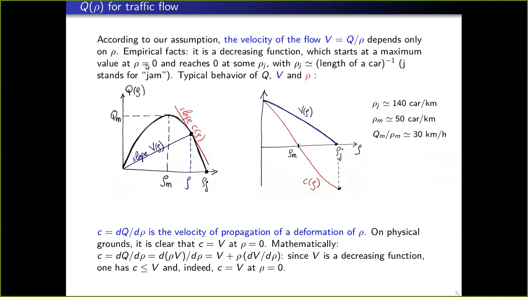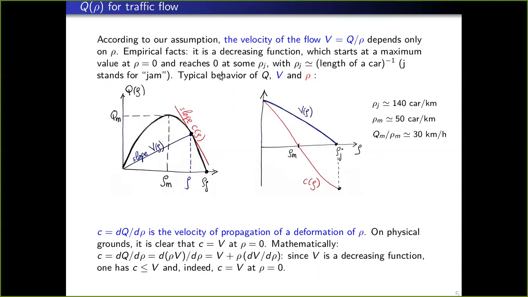And eventually, the velocity of the flow cancels at some rho j. J stands for jam, when you have a traffic jam. And typically, this rho j is of the order of the inverse length of a car. When the cars are bumper to bumper, of course, you have a jam, and V is 0.